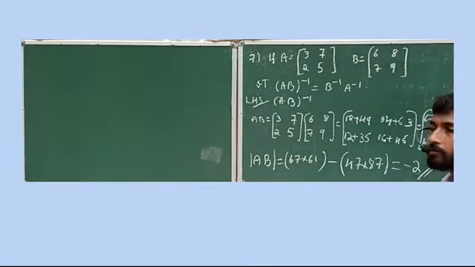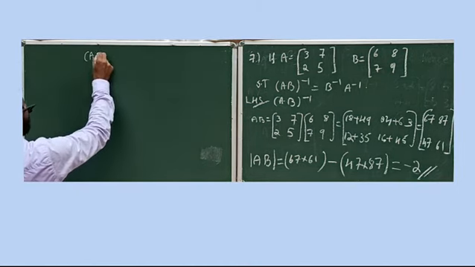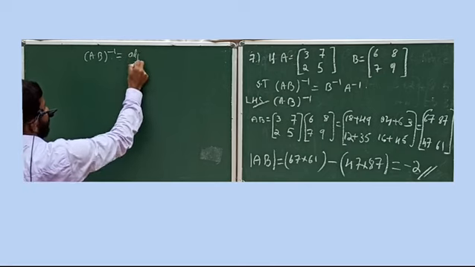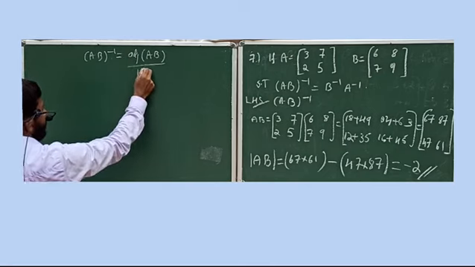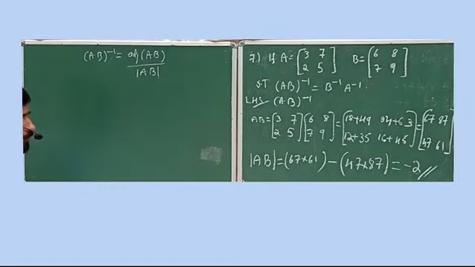Minus 2 is the determinant value of AB. Next, what you have to calculate? (AB) inverse. (AB) inverse is equal to, what's the formula? Adj of AB divided by determinant of AB.